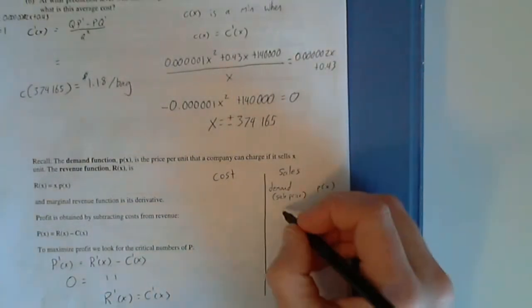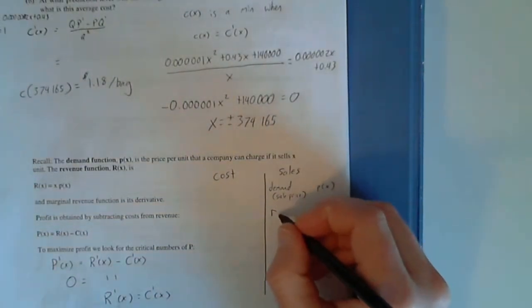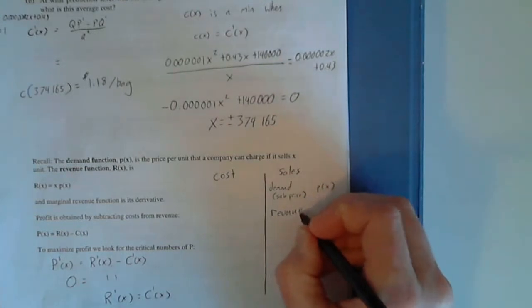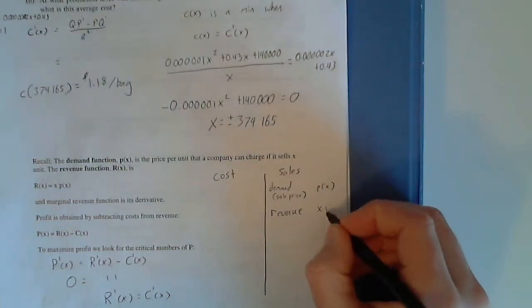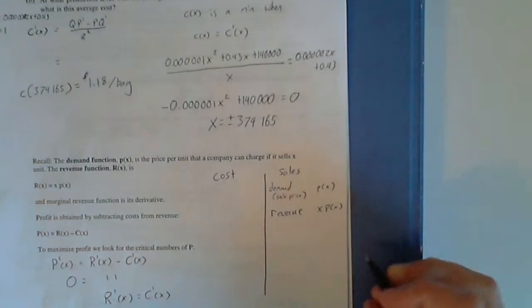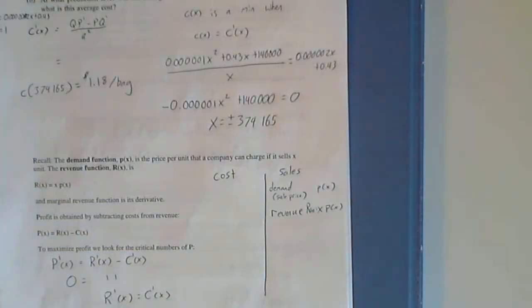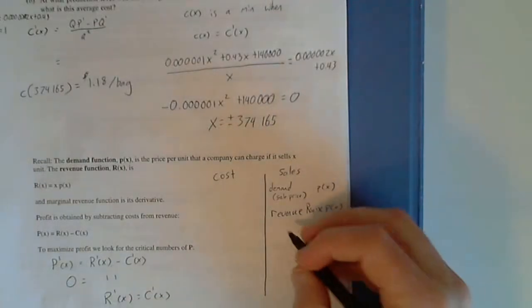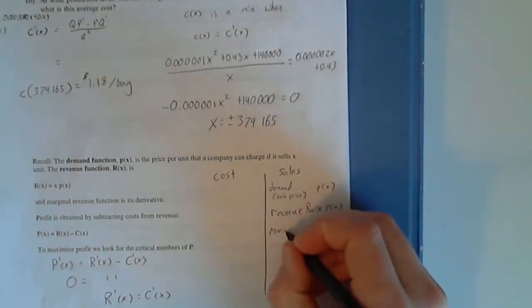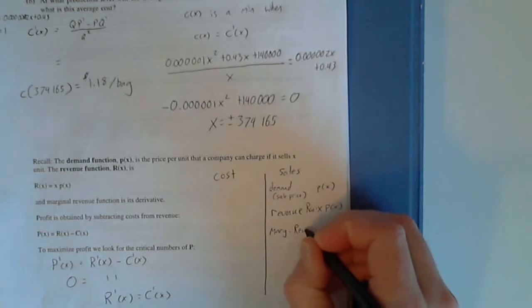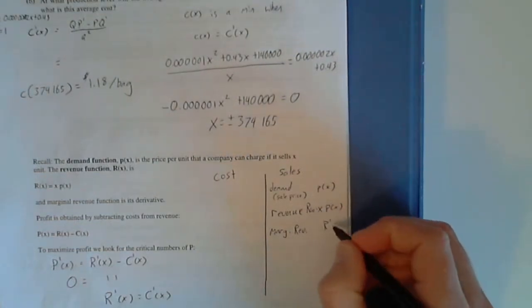Now, revenue is x times p of x, and we call that R of x. So R of x is equal to x times p of x, and that's how we get to our total revenue. And then we can have marginal revenue, which is R prime of x.